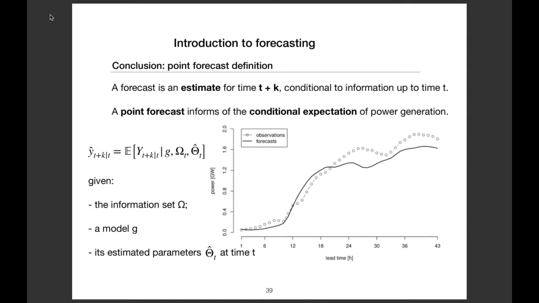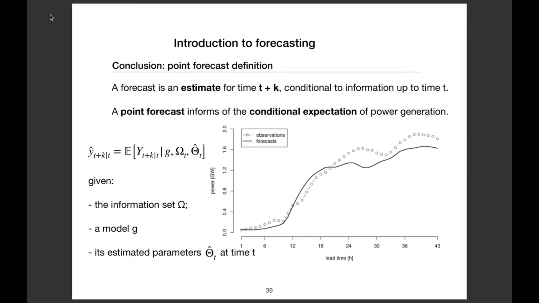It is just an estimation. And you try to estimate something, so for instance, the PV generation at time t in the future, so for time t plus k. And you use the knowledge that you have up to time t to try to estimate this process in the future. So that's why it is an estimate conditional to some information.